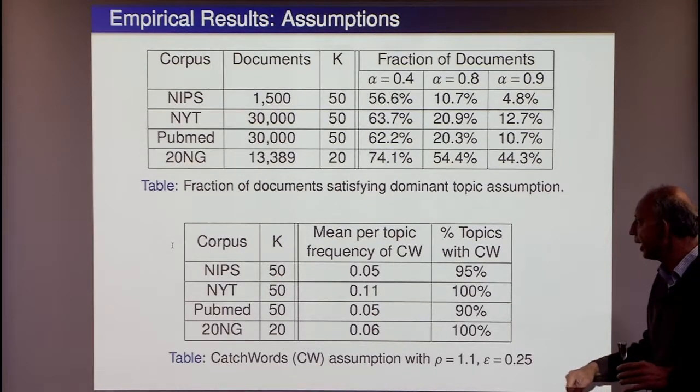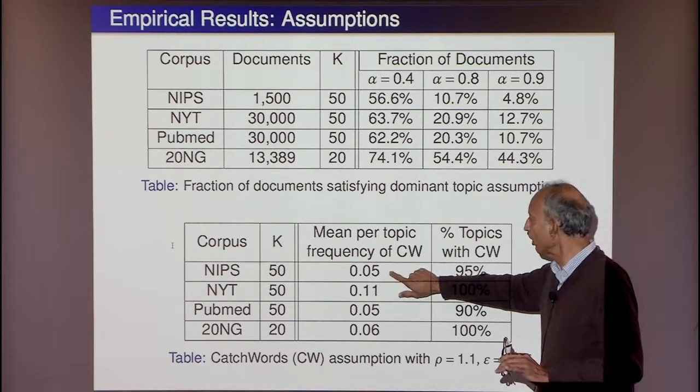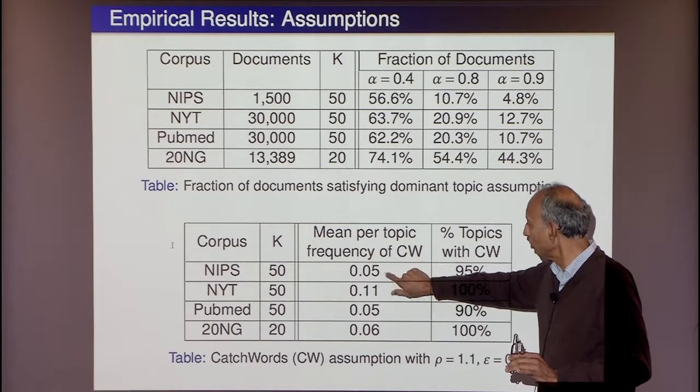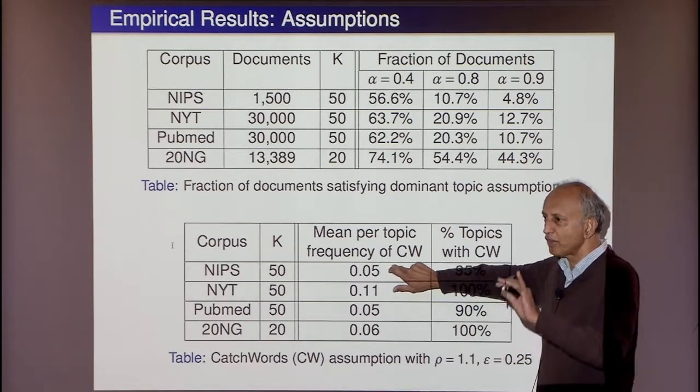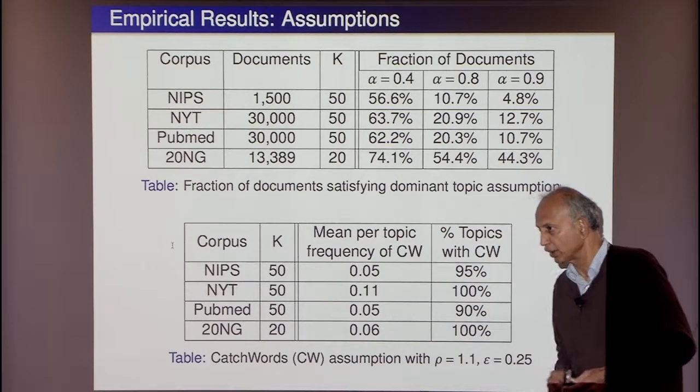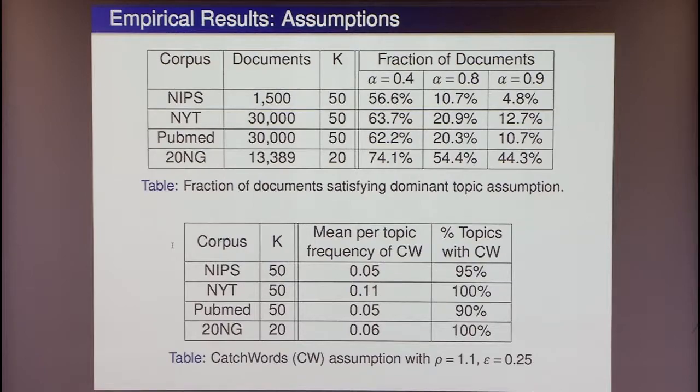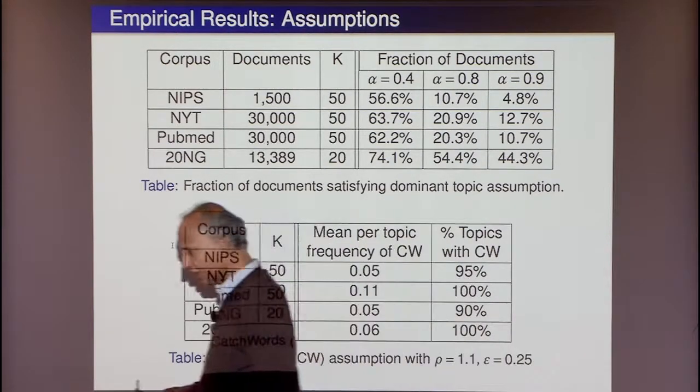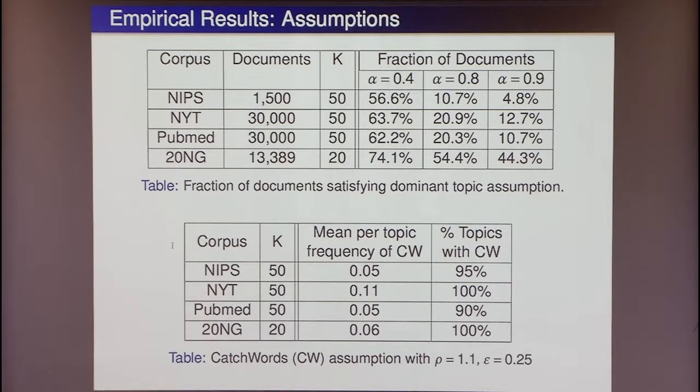And this is the total frequency of catchwords in the topic, 0.05 and so on. So this says every 20th word is a catchword. This says about every 9th word is a catchword in the topic. Do you need to use many catchwords in order to satisfy this? Yeah, I think 20-ish. The number of catchwords is 20. I don't know the answer to all the experimental questions, but that I remember, it's about 20.